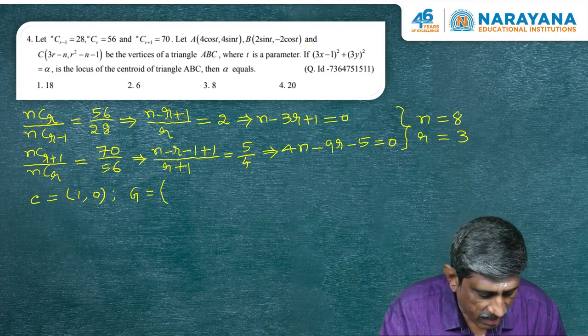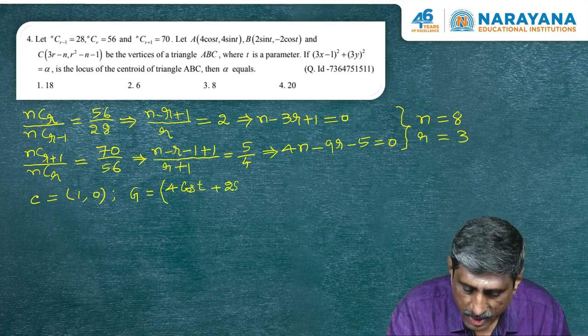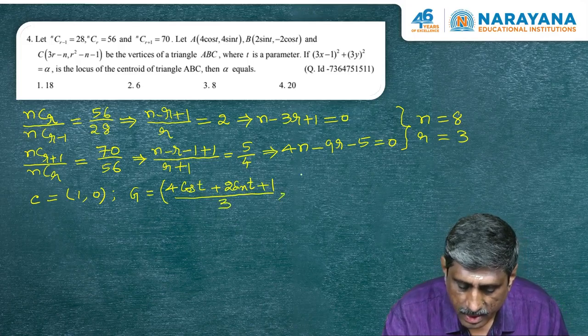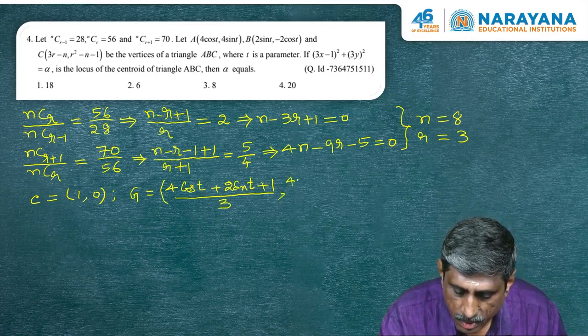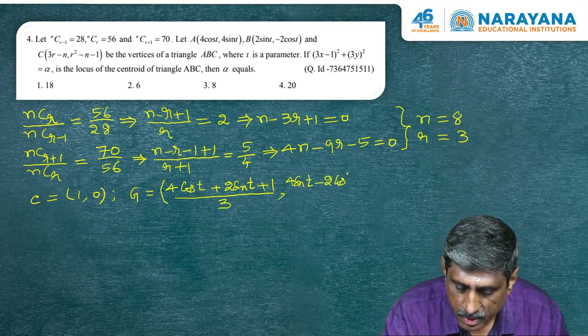Simplifying, the x coordinate is (4 cos t plus 2 sin t plus 1) divided by 3, and the y coordinate is (4 sin t minus 2 cos t) divided by 3.